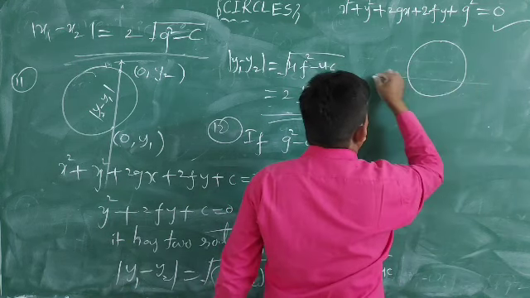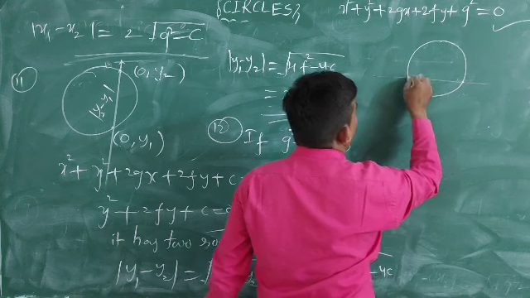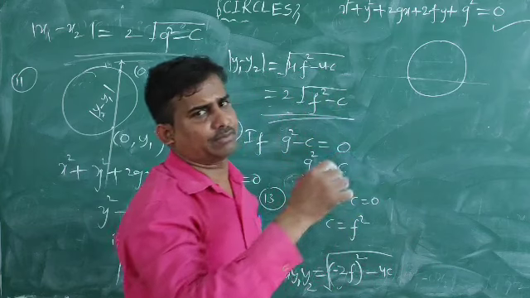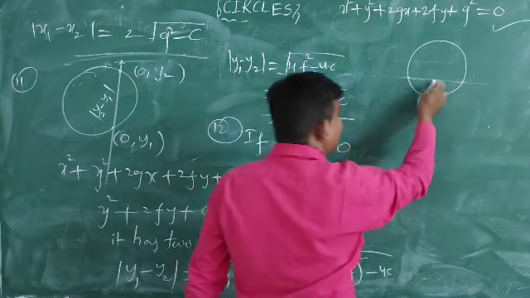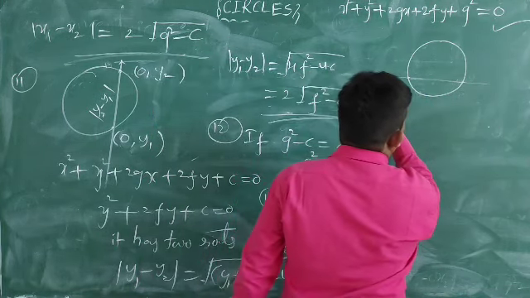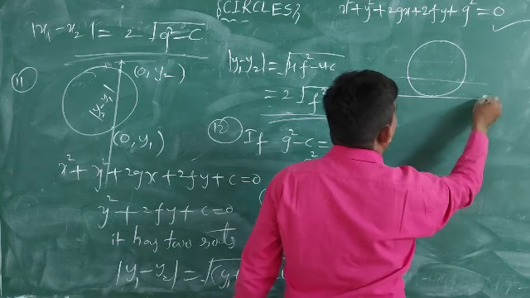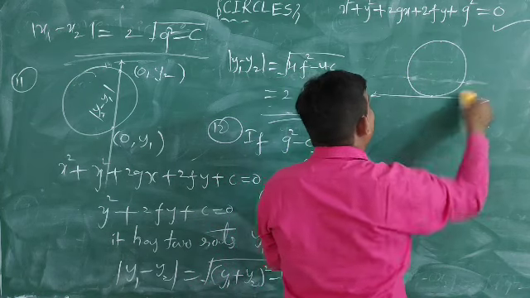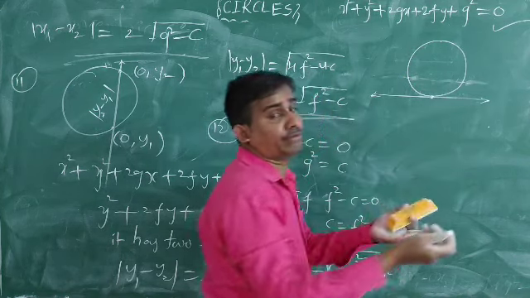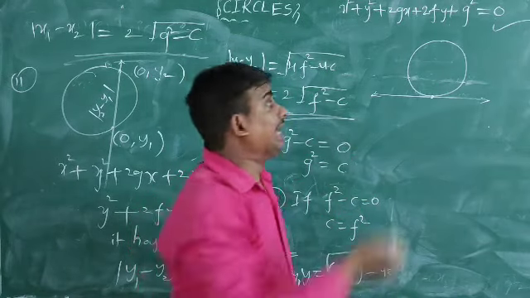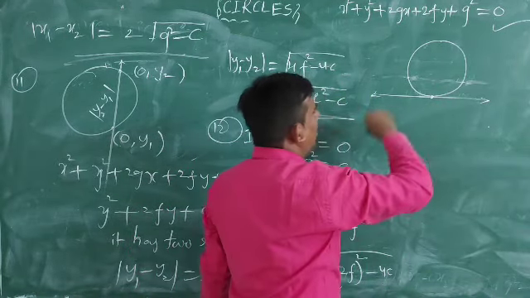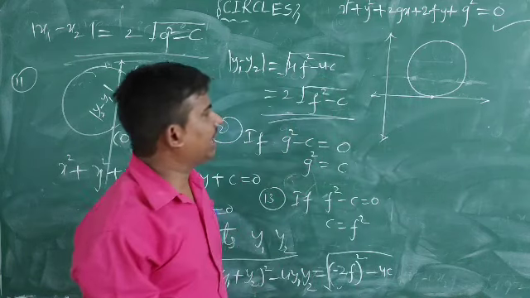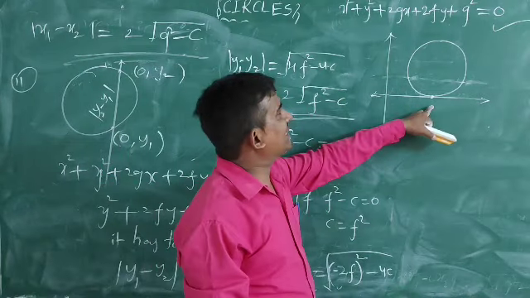If the x-axis is like this, there is some distance, which is the length of the x-intercept made by the circle. If it is 0, that means the x-axis must touch the circle. If the x-axis touches the circle, there is no length of intercept made by the circle with the x-axis. So very clear, the equation of a circle which touches the x-axis is in that form.